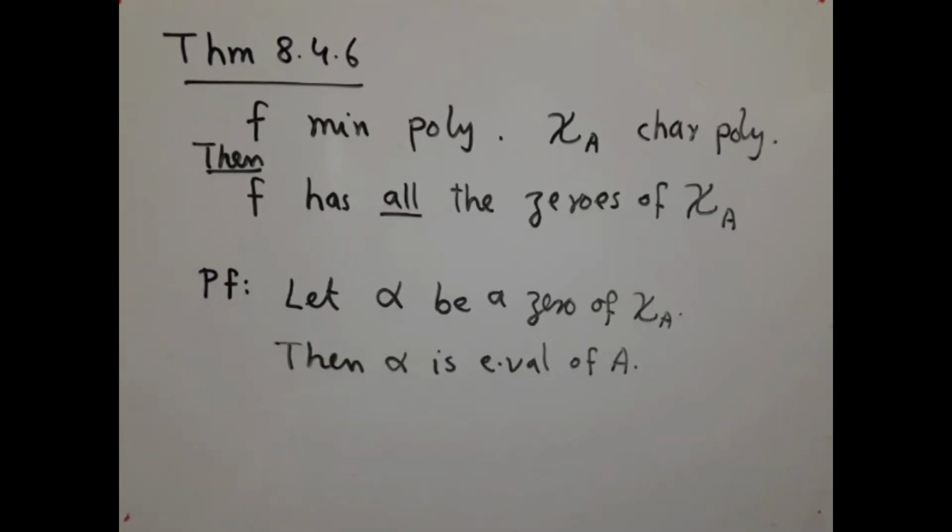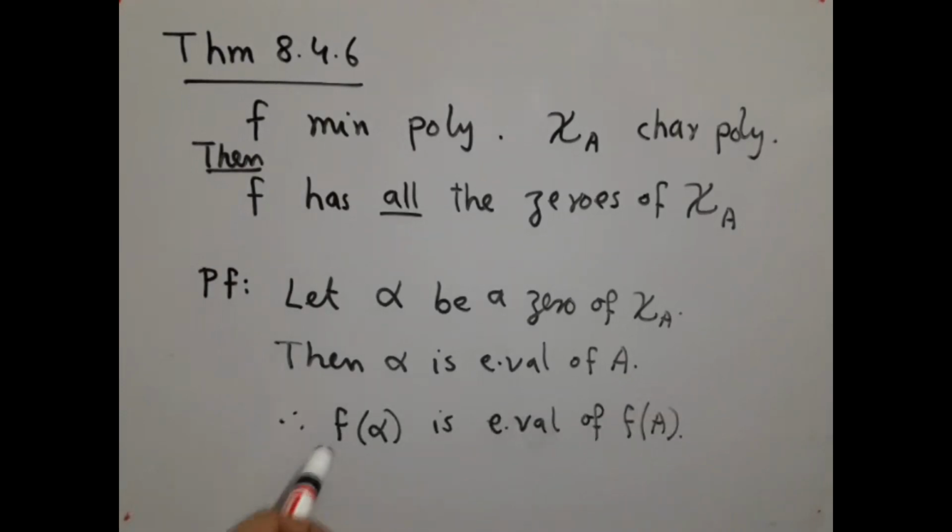Now we know that if I take a matrix and its eigenvalue, if I take square of the matrix, then square of this will be an eigenvalue, cube will be an eigenvalue, and in general, if I take any polynomial of A, the corresponding polynomial of alpha will be an eigenvalue. I am going to invoke that result using my minimal polynomial f.